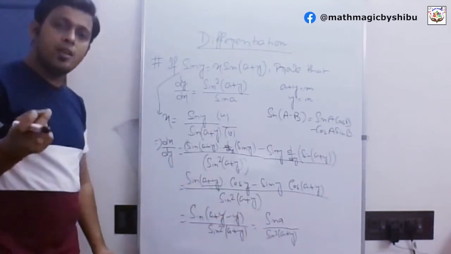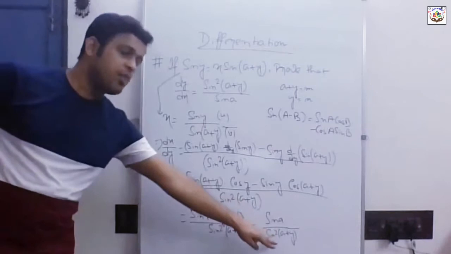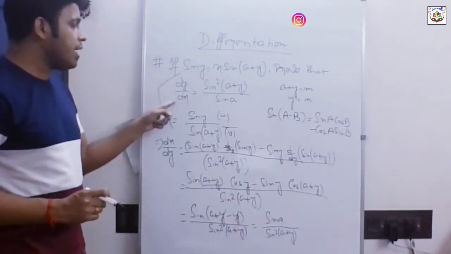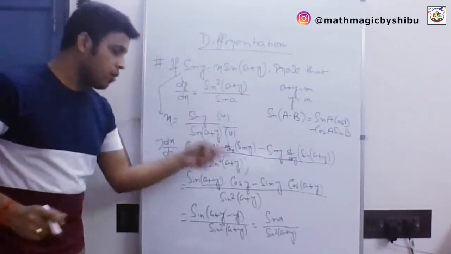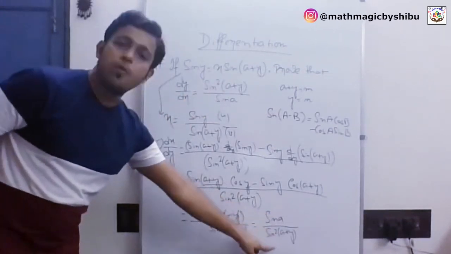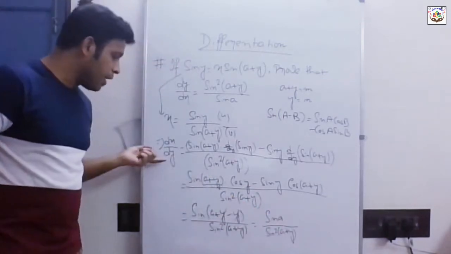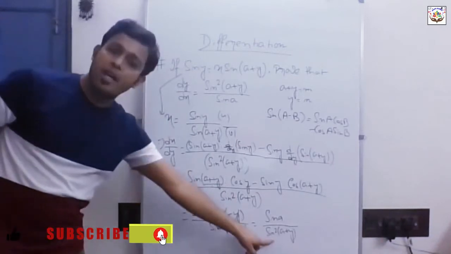As I told in the beginning, if we need to find dy/dx, we have to reciprocate this answer. So dy/dx would be equal to sin square (a plus y) divided by sin a, because the numerator will become the denominator and the denominator will become the numerator, as we are making dy/dx from dx/dy.